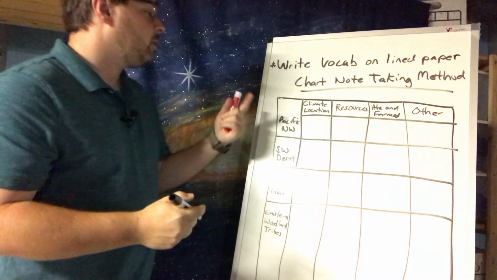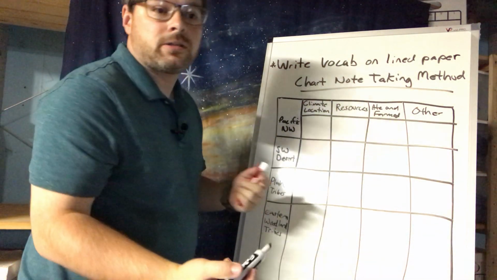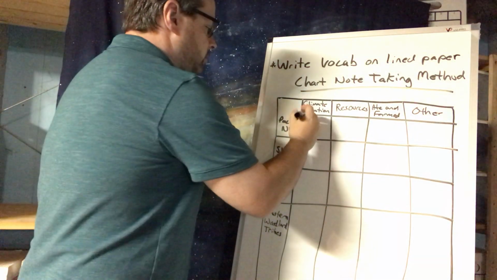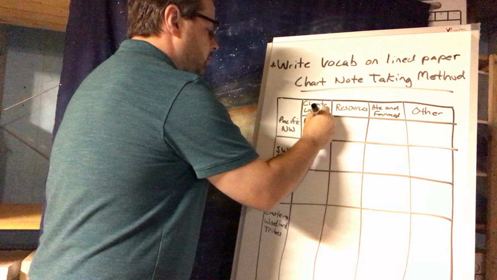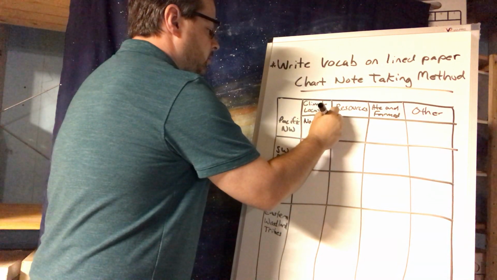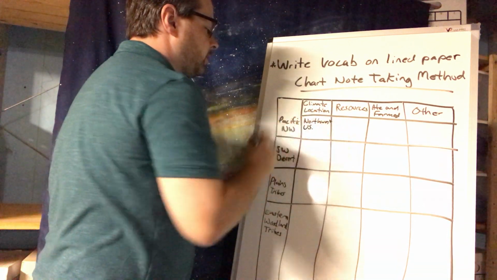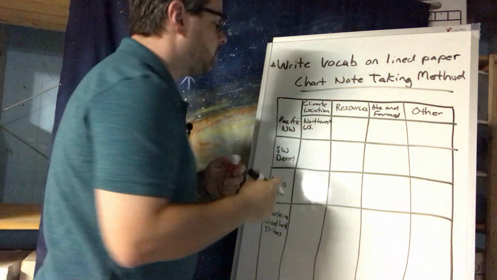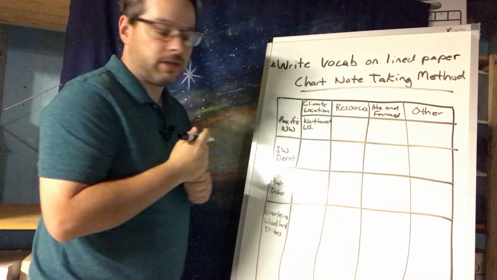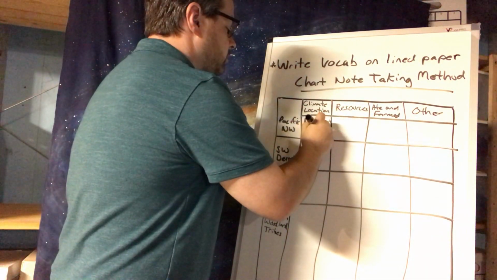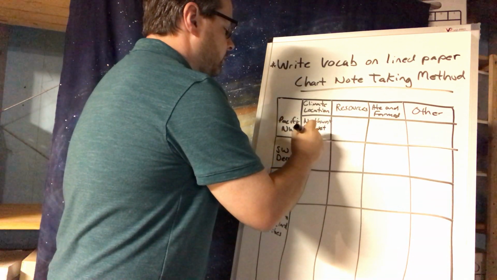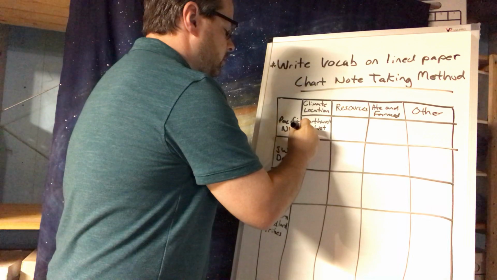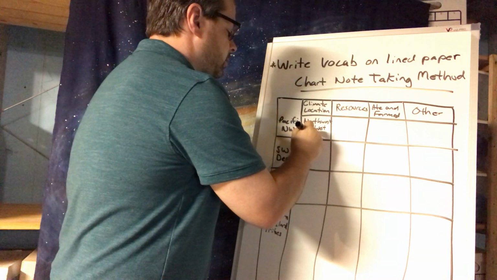So the Pacific Northwest was in the Northwest U.S., or what is now the U.S., Northwest U.S., okay, and it is wet and moderate in climate.